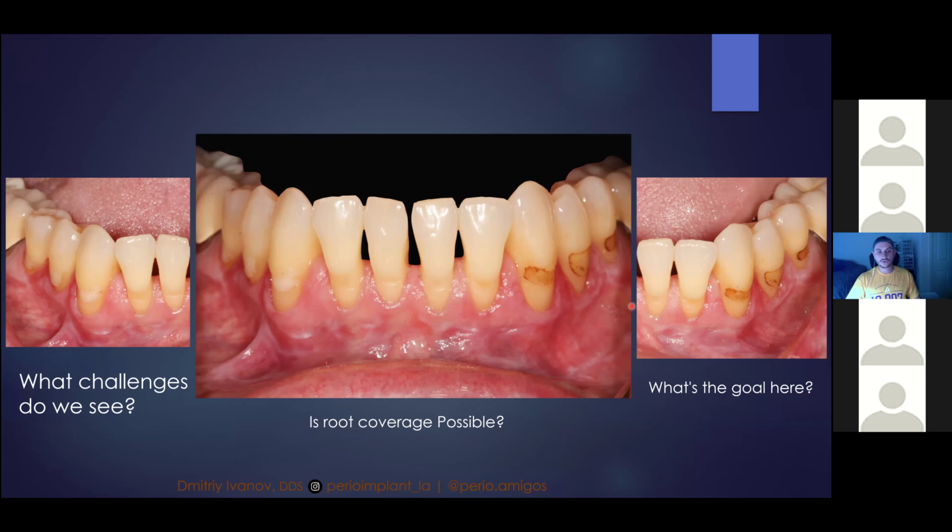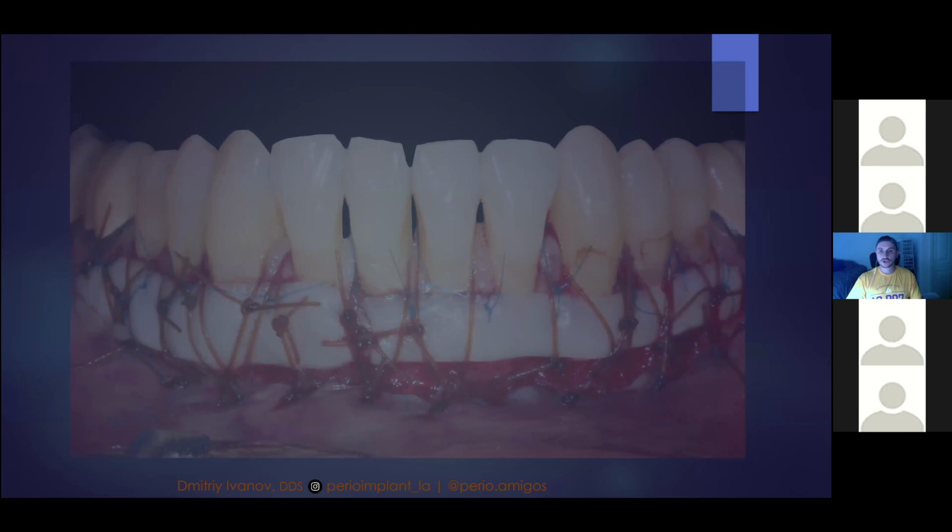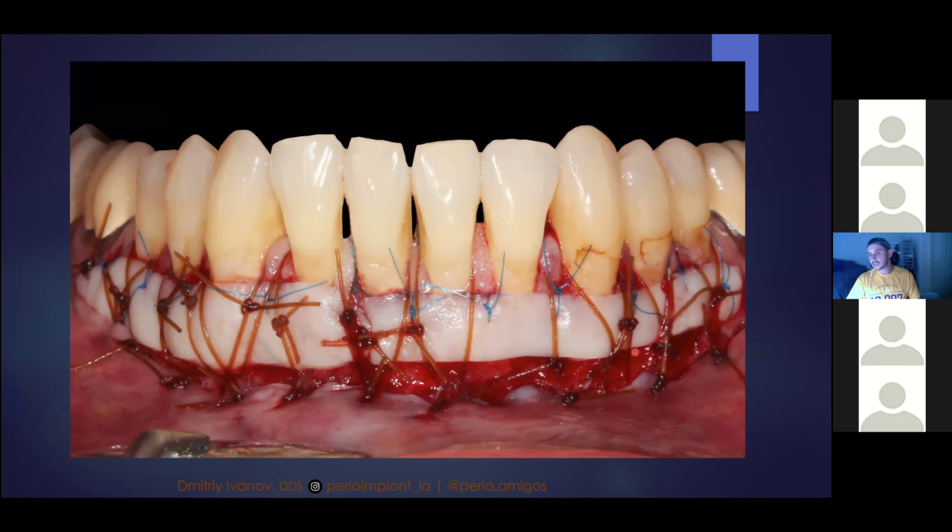So we decided to augment this area, although I think root coverage would be possible partially, especially in some of these lower left areas. We decided to first augment the tissue to create a good zone of keratinized gingiva, maybe get some root coverage, and in a subsequent step offer her a root coverage procedure. So this was a 2-piece free gingival graft.